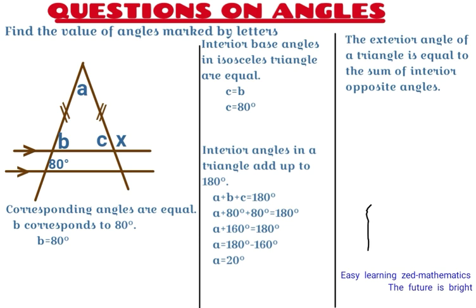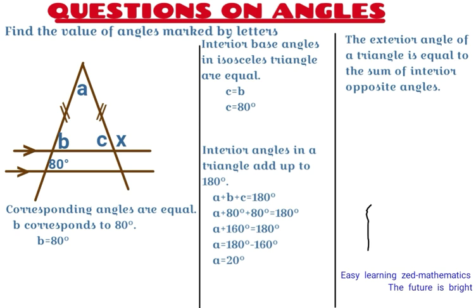Now, in this case, the opposite interior angles of X are angle A and angle B. So A and B are the interior opposite angles of exterior angle X.